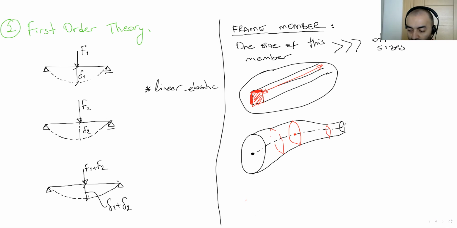But at the end, what I get is a frame member. This is my idealized calculation member. Frame members, we have frame members.